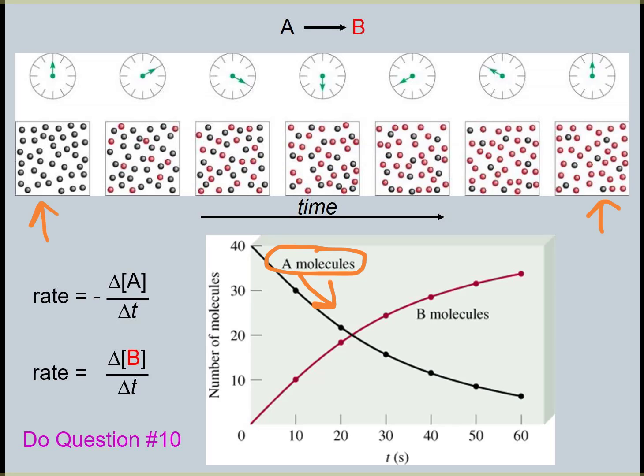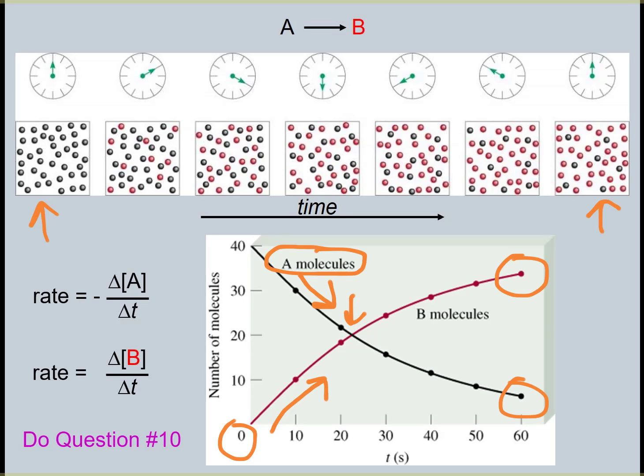And that's because it's getting used up and turning into B. And we see that we start with B at 0. And as time goes by, it increases. At this point, they just happen to be equal to each other. That doesn't mean anything.